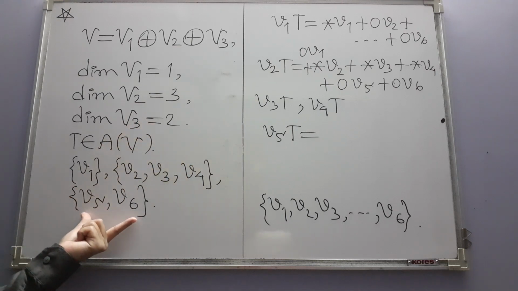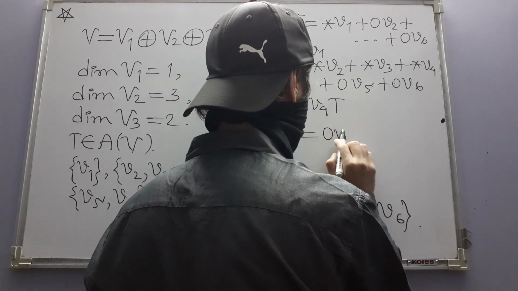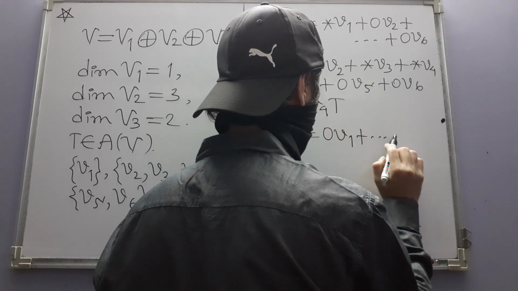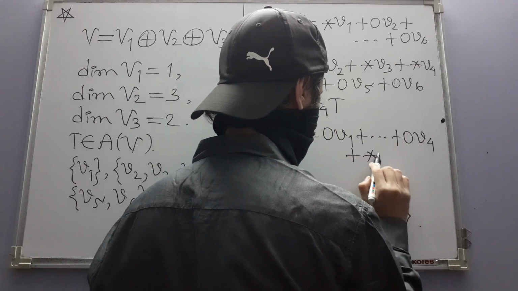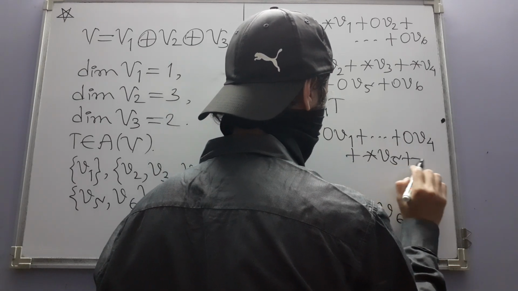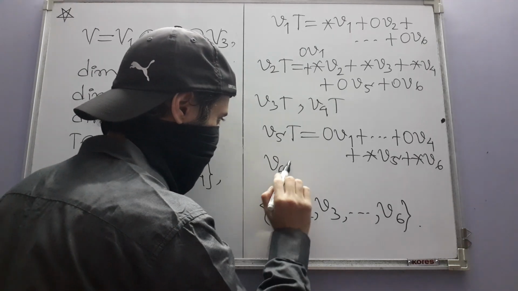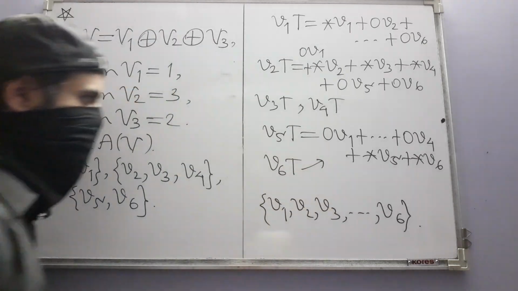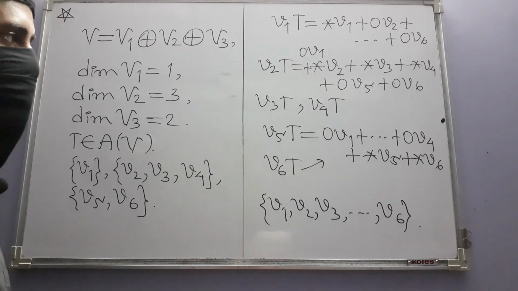So it will be a linear combination of V5 and V6. So all the other vectors are going to come with 0 coefficients. Star V5 plus star V6. And the same thing is going to happen to V6T also. It also is going to look like that.